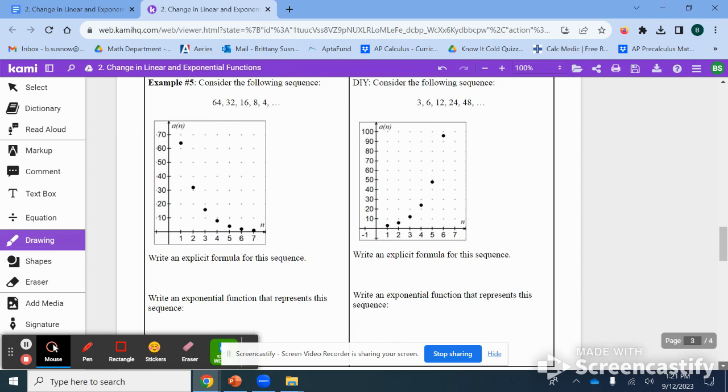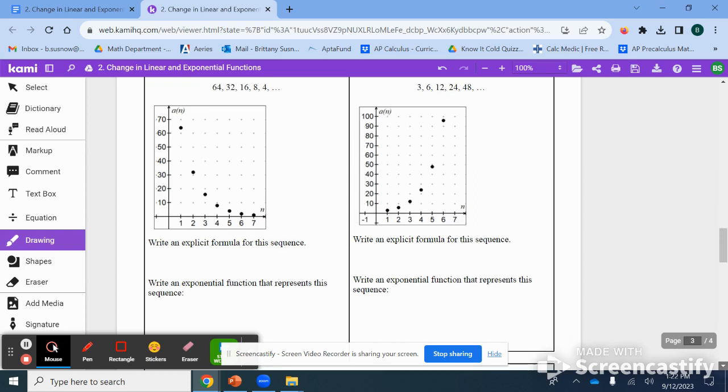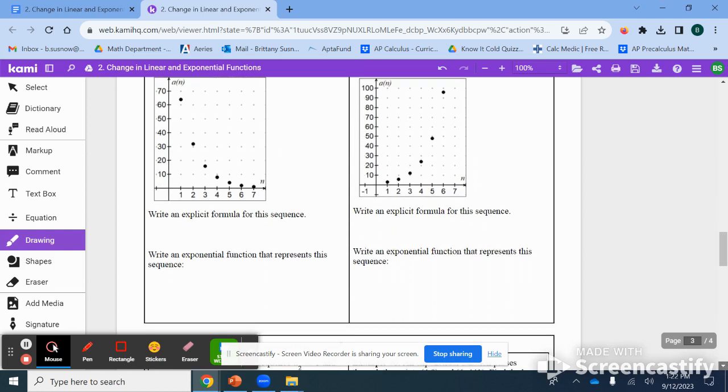So after today, we're going to get into graphing exponentials, something you learned last year. So we're getting a little preview, but we're using our geometric sequence. So consider this sequence. It's graphed for us here. Let's write the explicit formula, meaning let's just write the geometric formula for that.